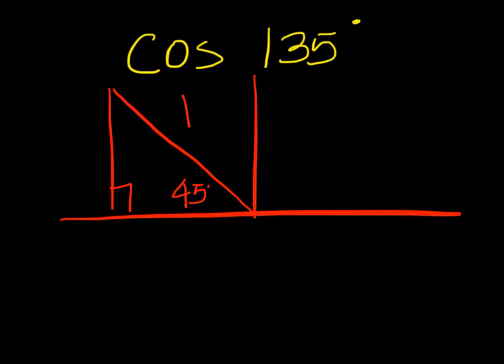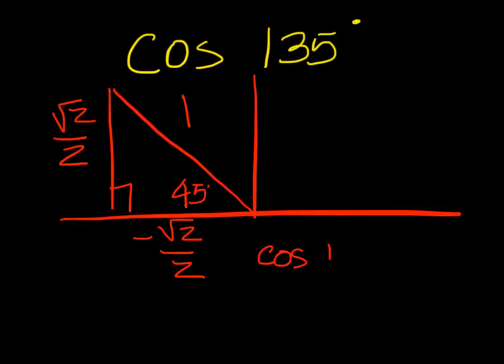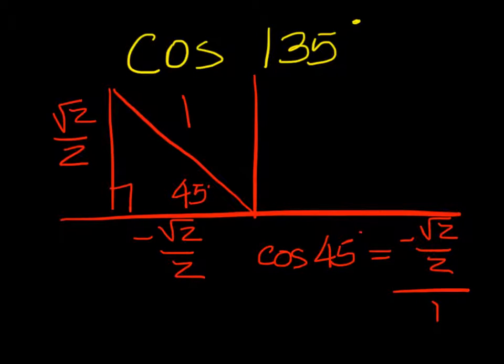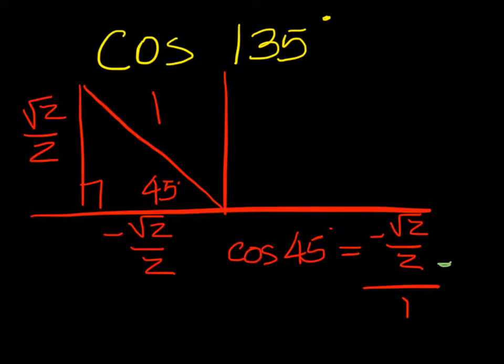If this is 1, you would have square root of 2 over 2 there, but this one would be negative square root of 2 over 2 here. And if you wanted cosine of that reference angle, which is 45, you would do adjacent, which is negative square root of 2 over 2, and then over 1, giving you a negative square root of 2 over 2.